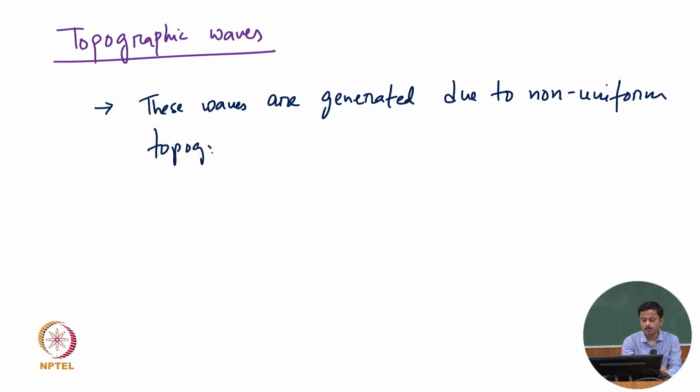So these waves are generated due to non-uniform topography.